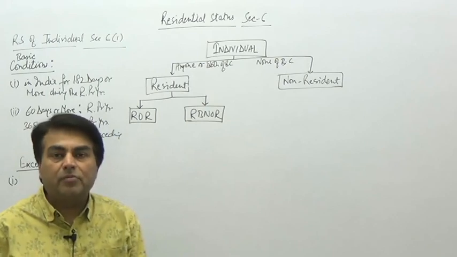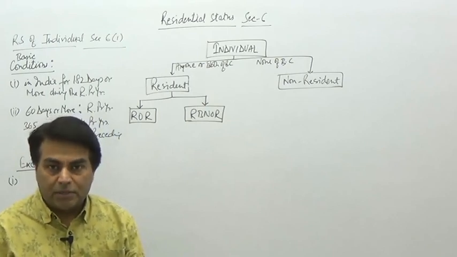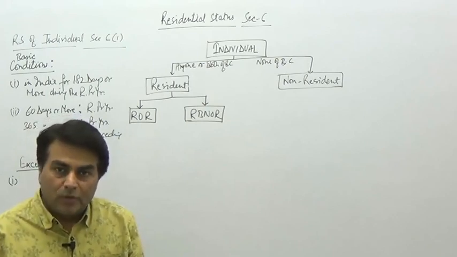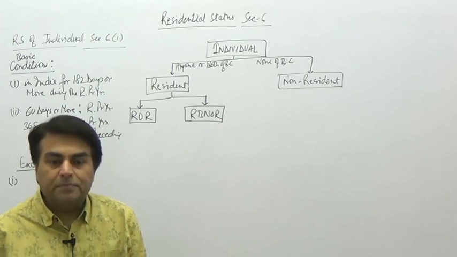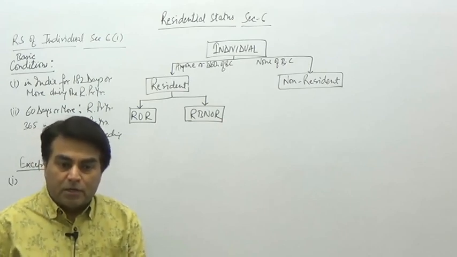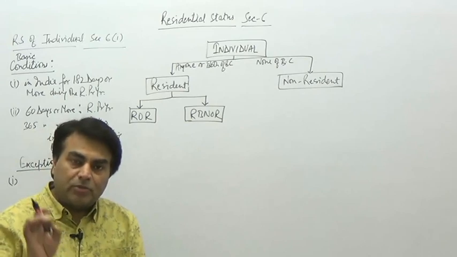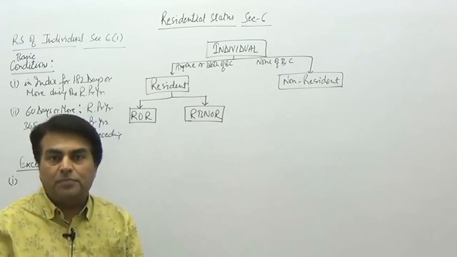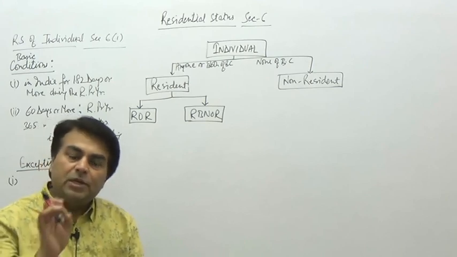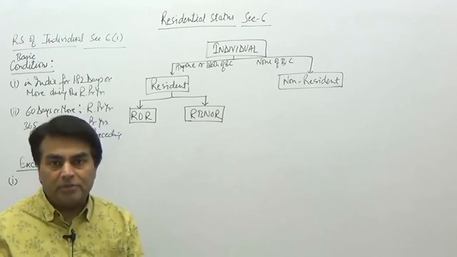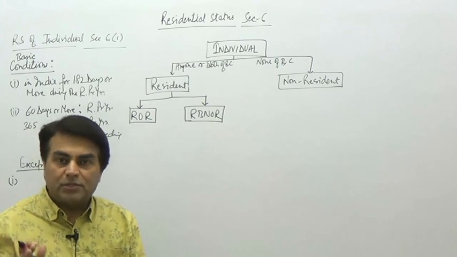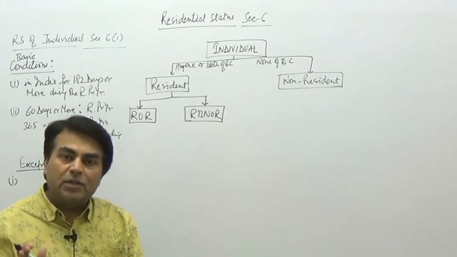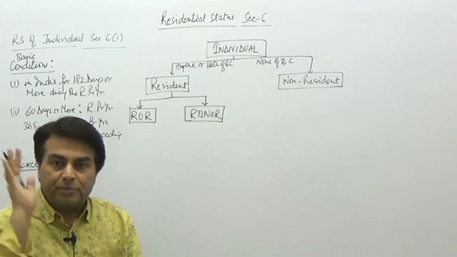The purpose of employment here covers a person who is a member of the crew of a ship. This is the first exception: an individual who is leaving India for the purpose of employment, including the case where some individual is a member of the crew of a ship.